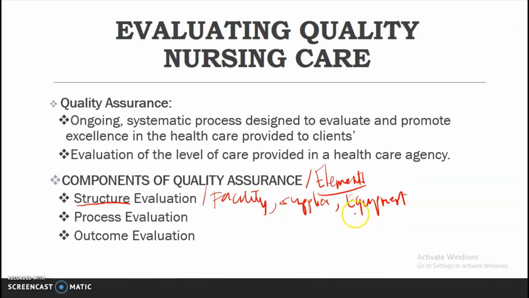So kapag in-evaluate natin ang equipment effectiveness, check natin kung gumagana ba ang mga equipment, kumpleto ba ang mga gamot, kumpleto ba ang mga gloves, kumpleto ba ang mga gamit, yung facility natin, kumpleto ba, meron bang X-ray, meron ba tayong X-ray facility, kamusta yung ER, kamusta yung structure mismo ng building, okay? So those are the components of quality assurance referred to as structure evaluation.